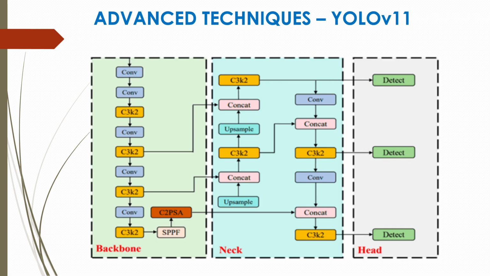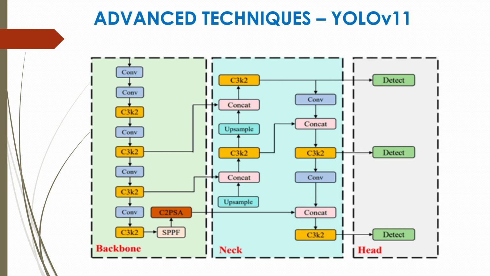In the backbone, it has convolution layers, C3K2 layers, SPPF layers, and C2PSA layers. These layers together extract the features, so that's why it's called the backbone. The main part of YOLO 11 is that it extracts the features. In the neck, the main operations are concatenating the different inputs from the backbone and upsampling.